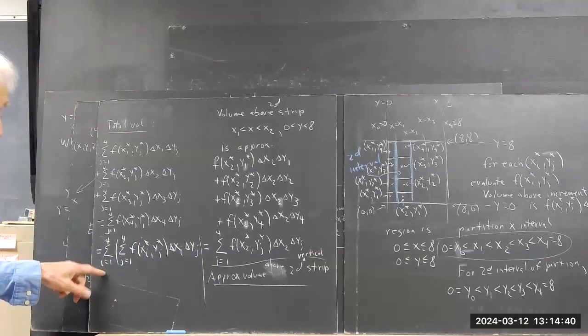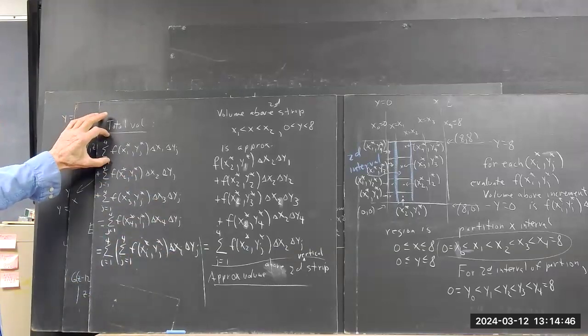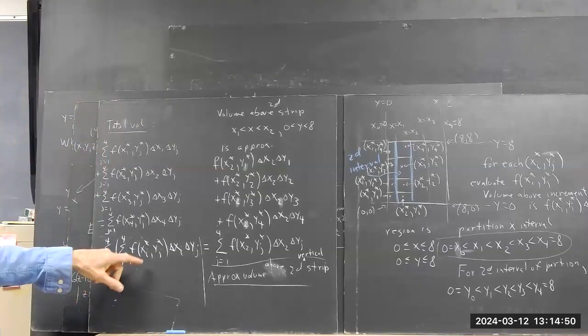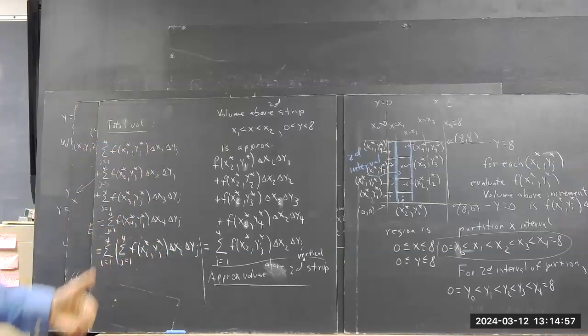In other words, if i equals 1, then both of these i's are 1, and I have this expression. If i equals 2, then all the i's are 2, so this and this will have subscripts of 2, and I have this expression, and so forth. This is a Riemann sum.